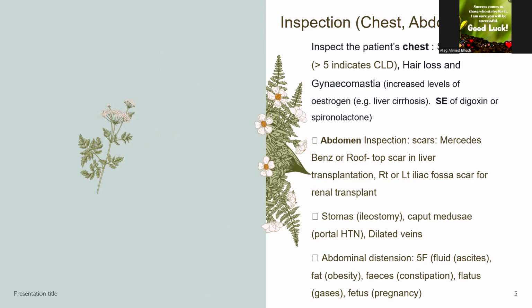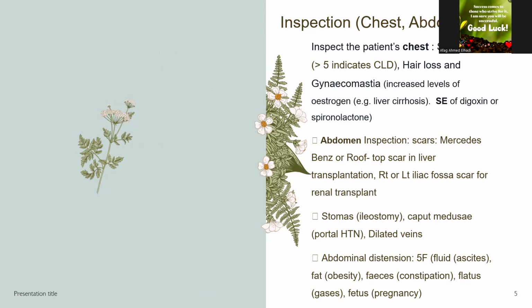Going down to the abdomen, we should start by inspecting. Previously, we spoke in the general inspection about checking for abdominal distension because it's going to be obvious, and we can look again for abdominal distension and full flanks.